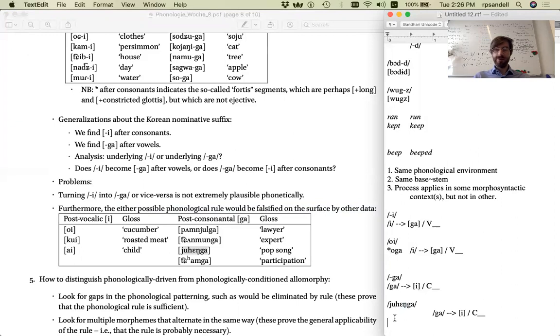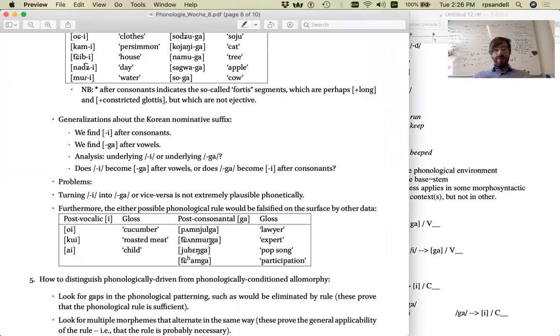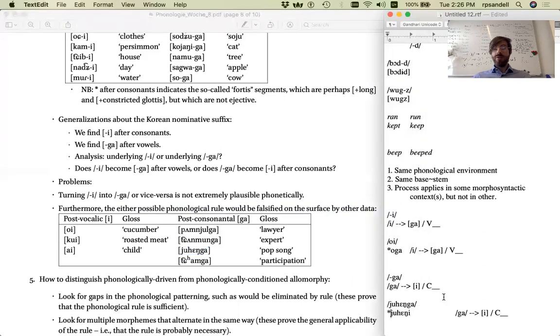Let's mark these as ungrammatical, as not actually occurring words. It should come out as something like yuhengi, which doesn't actually occur in the language.